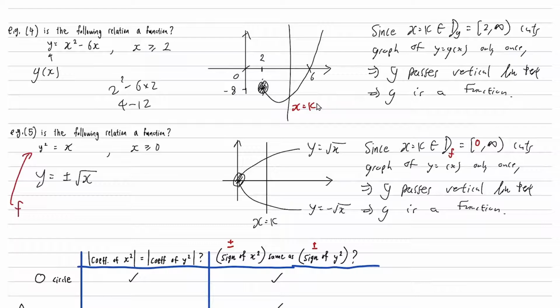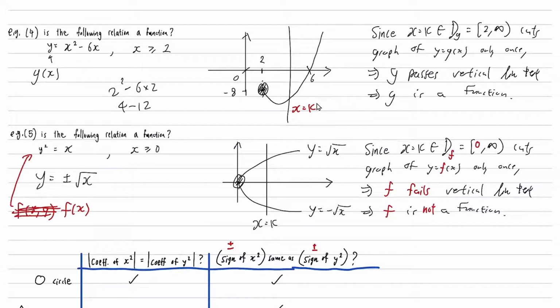I'll call this f of x comma y, but it's a bit confusing. Never mind, I'll just call it f of x as usual. f of x cuts the y equals f of x graph only once. This means that g, instead of g it should be f, passes, or not passes. It should be fails the vertical line test. Then f is not a function.